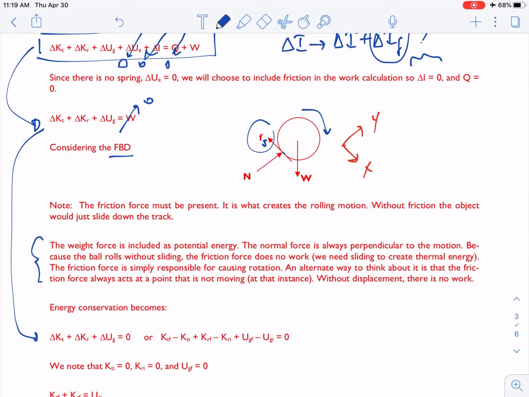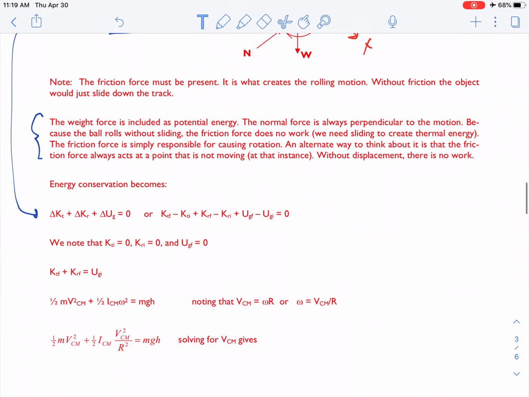And now we're going to expand. Since these are change in energy terms, let's expand them. Each will have final and initial. So translational, rotational, and the gravitational potential energies. And we are going to simplify one more time.